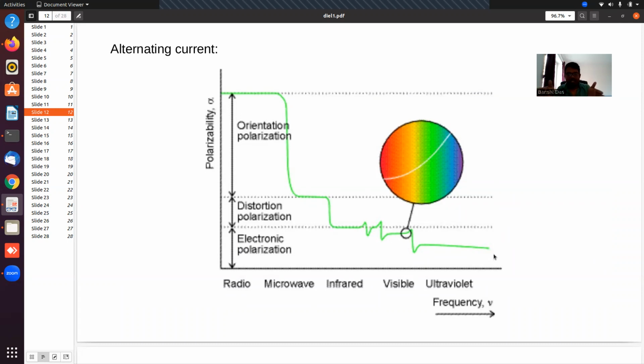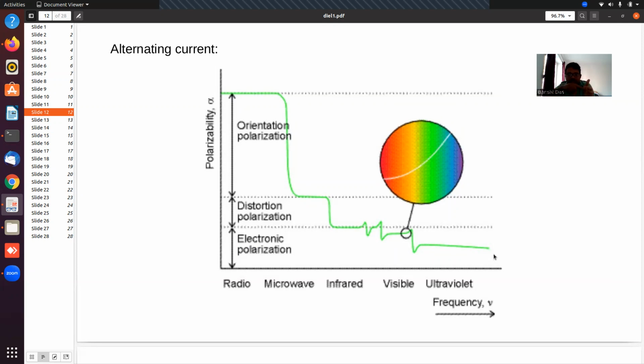This is very intuitive, and we already know it from our BSc: if we change the direction of the electric field very fast, then only the electron can respond. But if we change the electric field very slowly, then the molecule, suppose water, which has a dipole, gets time to reorient.